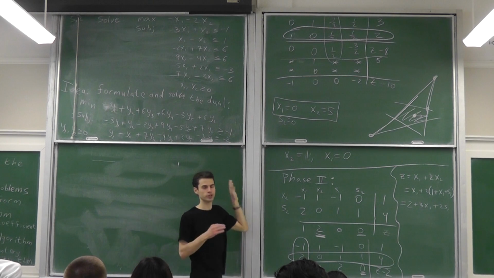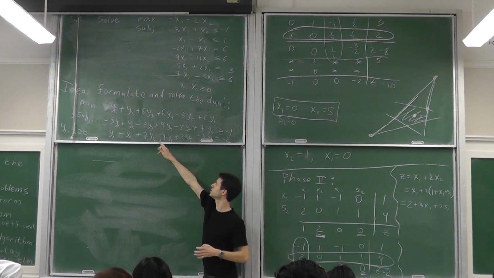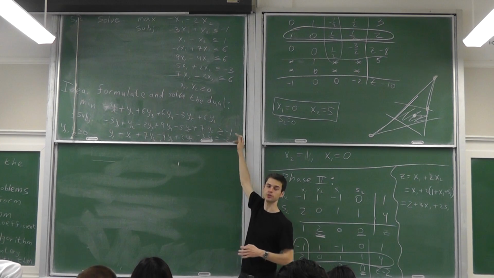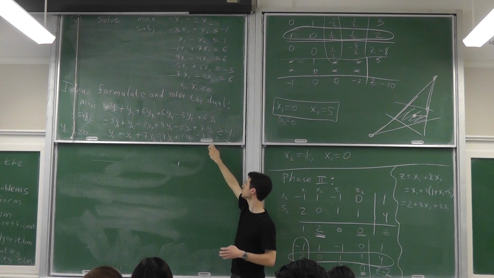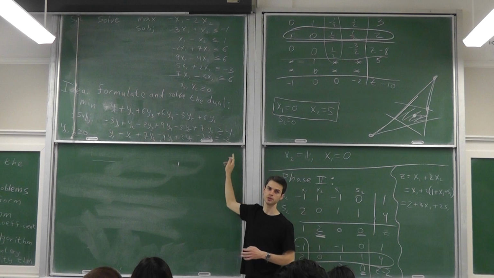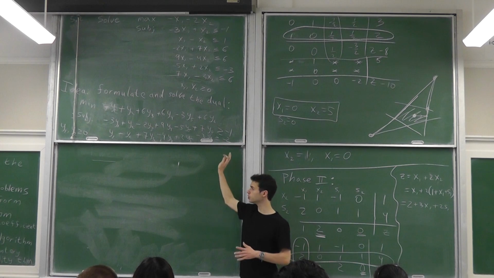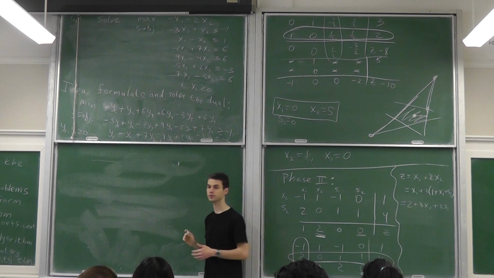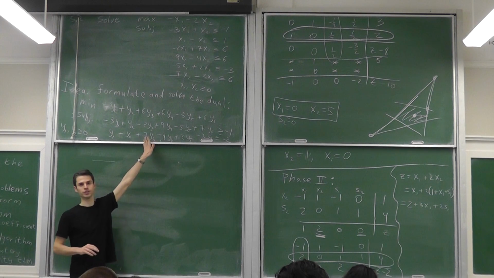I mean, the origin is feasible for the dual problem. If you plug in 0, 0, 0, 0, 0, 0 as the y's, you get that 0 is indeed greater than -1, and 0 is greater than -2. So even though the original problem didn't have the origin as feasible, the dual one happens to have the origin as feasible, so we got lucky here.